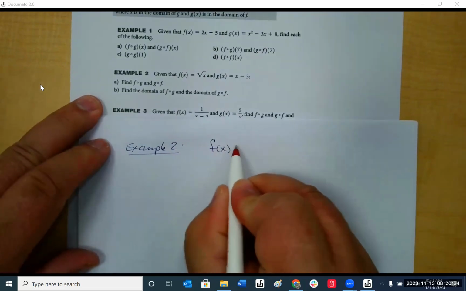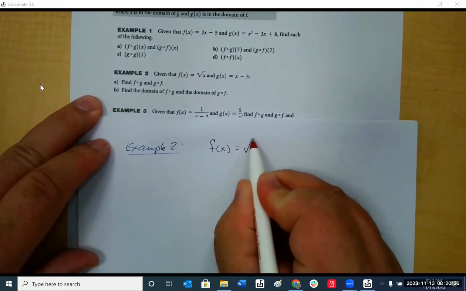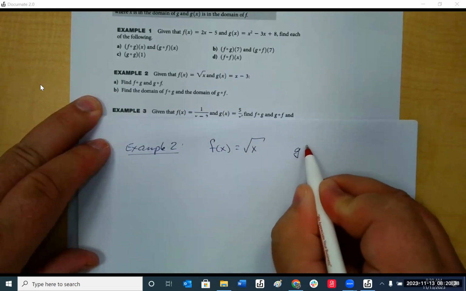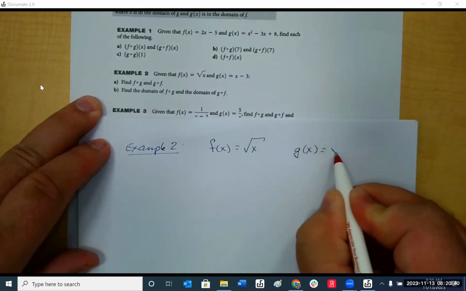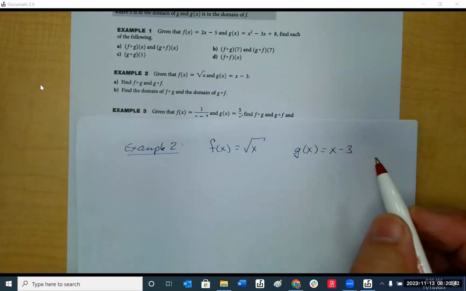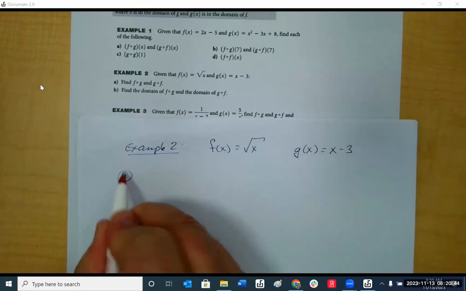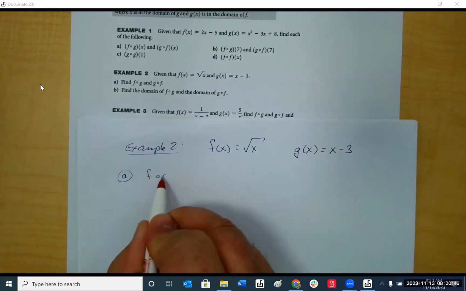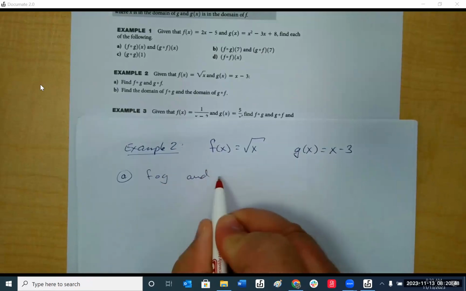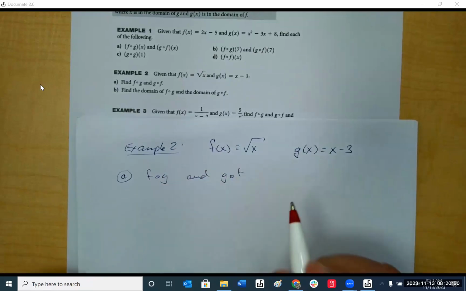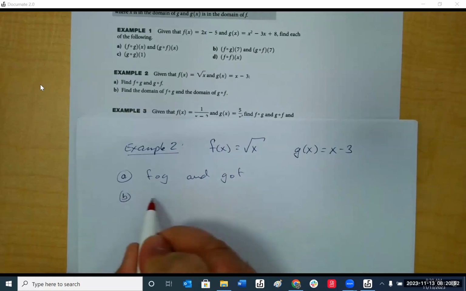Given that f of x equals the square root of x and g of x equals x minus 3, find f of g and g of f and the domains.